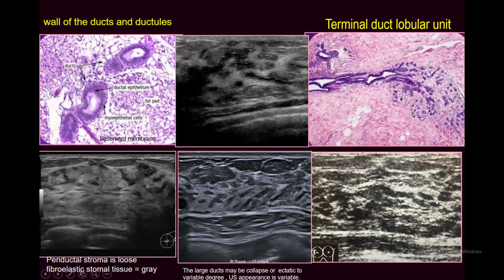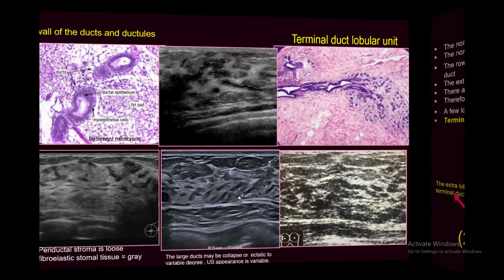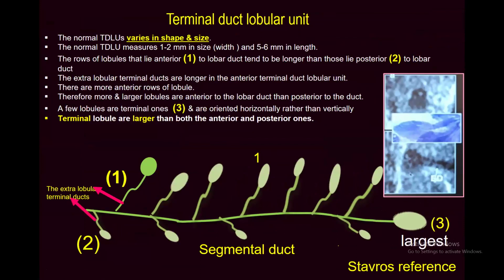And here we can see these isoechoic or slightly hypo to the fat, sometimes slightly hypo to the fat. These are terminal duct lobular units along with the duct. These are elongated, representing the duct, and these represent the terminal duct lobular unit. Again, here it is more or less iso to the subcutaneous fat.